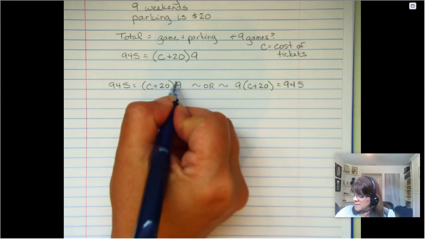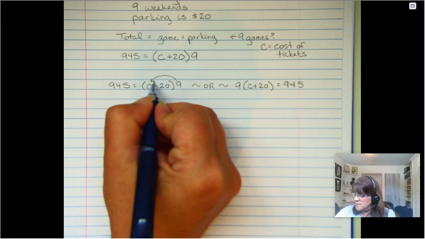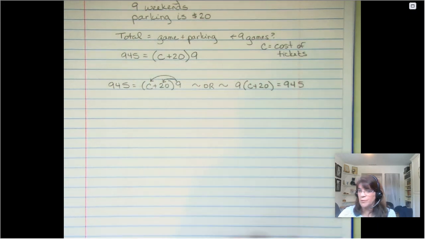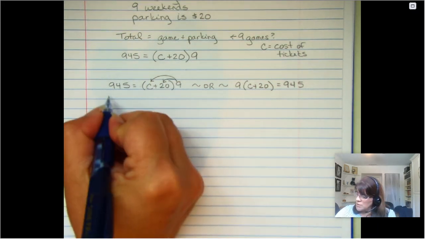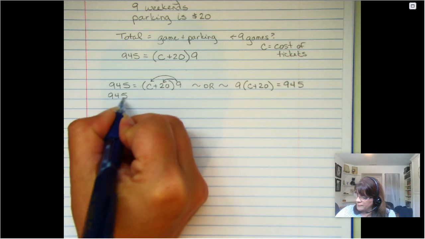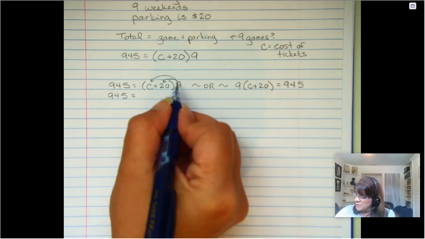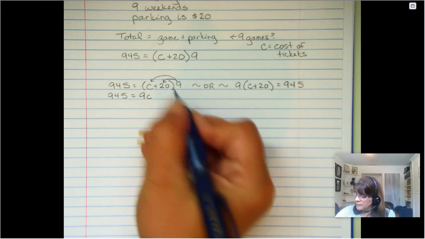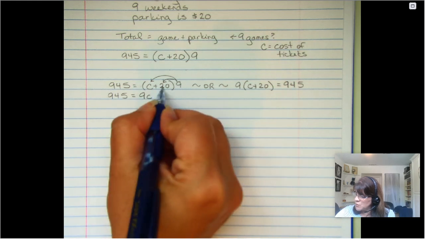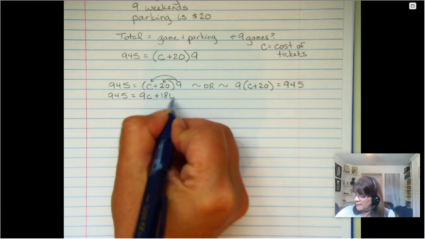This first time, I'm going to see how much it costs, basically, per game. I'm going to distribute. So $945 equals 9C. 9 times 20 is 180.